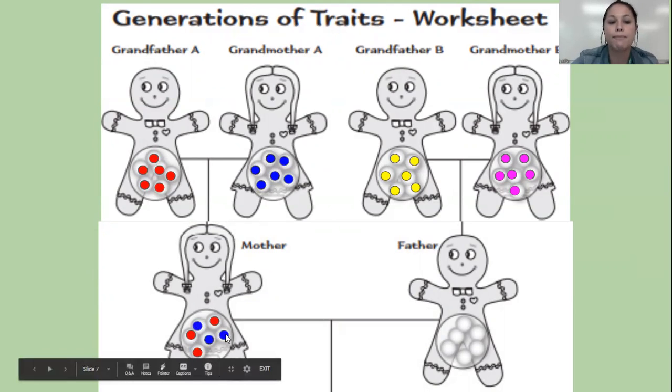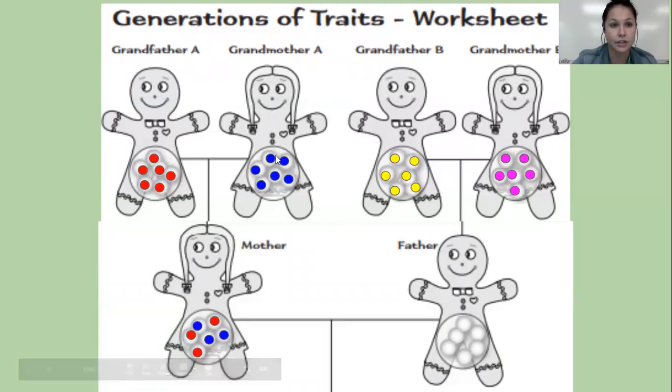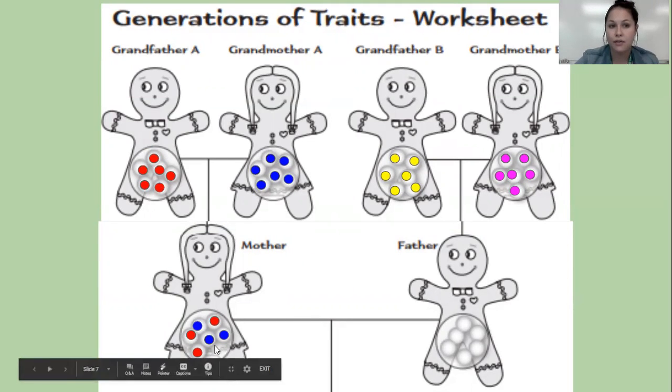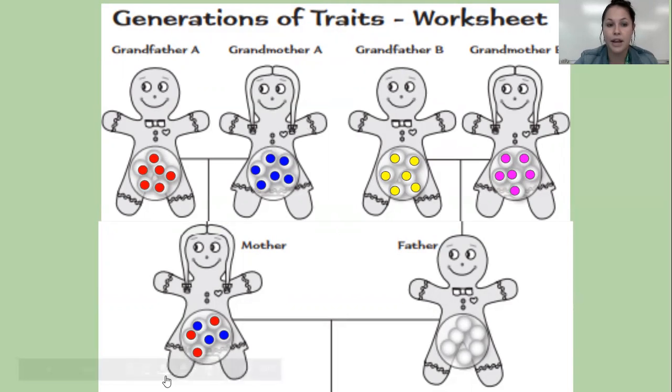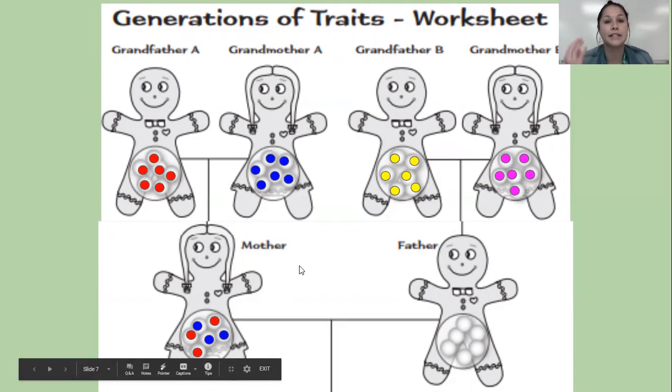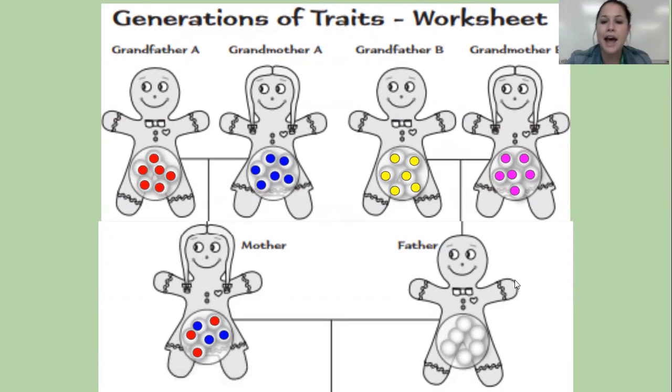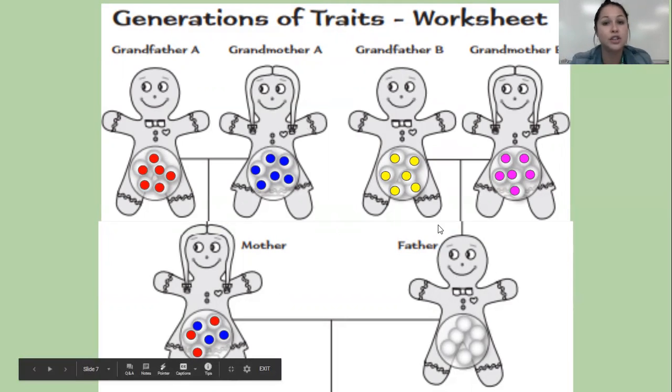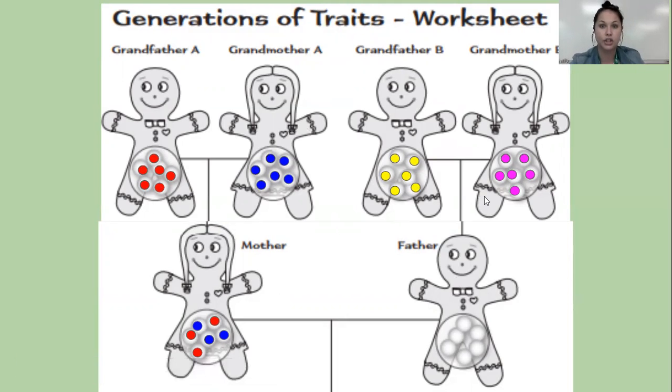So mother has gotten all of her traits from her parents, grandfather and grandmother A. She got 3 from grandfather and 3 from grandmother because you get the same amount of traits from each parent. Now over here, when father gets his traits from grandparents B, what colors do you think they'll be?